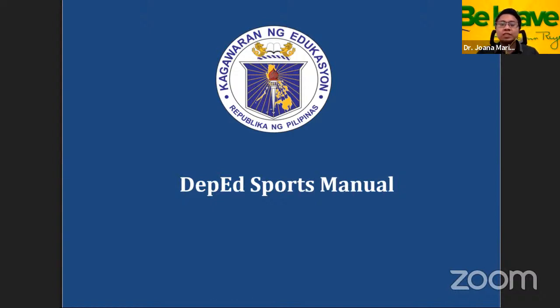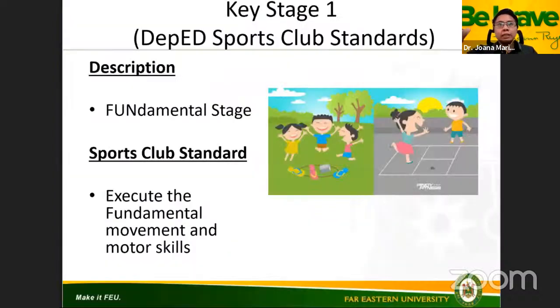So I will also share with you, in terms of the DepEd Sports Manual, that key stage 1 for the DepEd Sports Club standard is the fundamental stage.